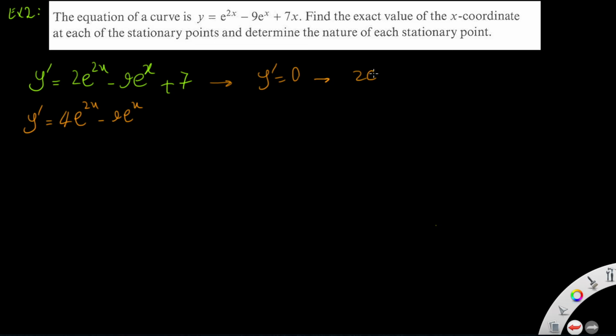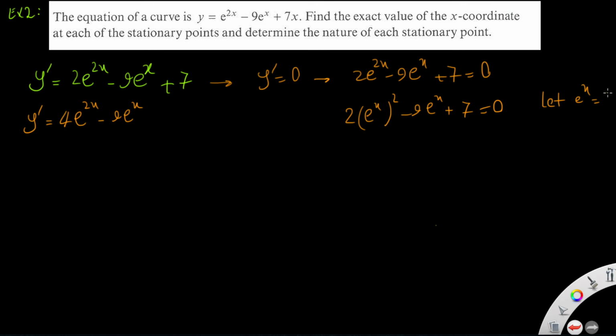The next part is to find the roots of the first differentiation. So 2 e to the power of 2x minus 9 e to the power of x plus 7 is equal to 0. Now let e to the power of x be, for example, y, so it would be 2y squared.